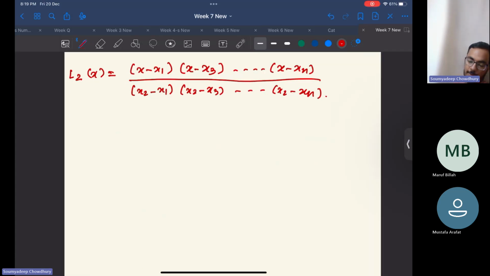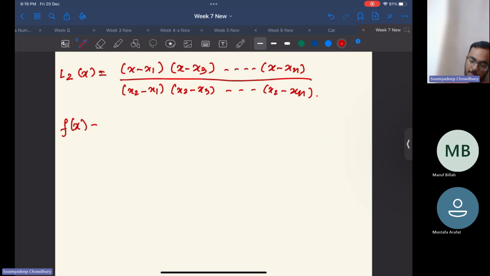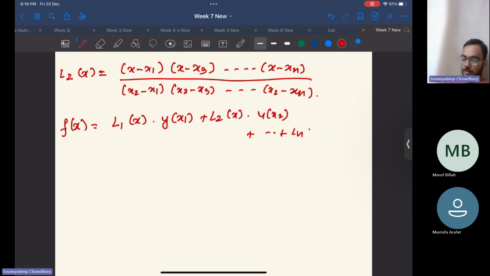If we substitute in place of L1 and L2 and expand, you will get this. So finally, what is my f of x, that is the polynomial? It is L1 of x into y of x1, plus L2 of x into y of x2, up to Ln of x into y of xn.